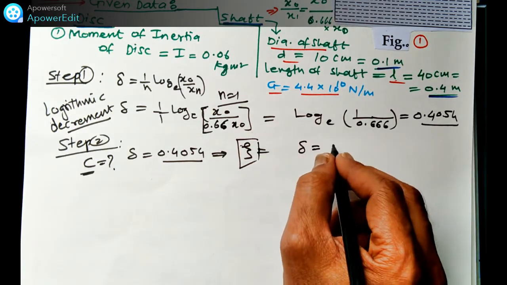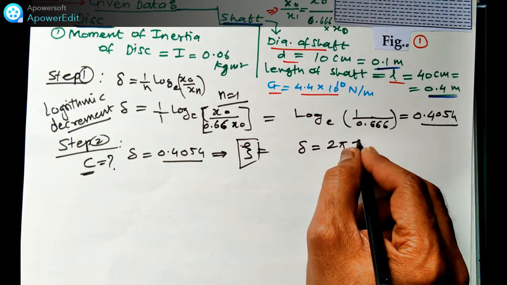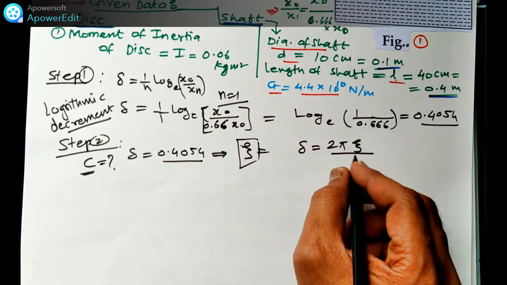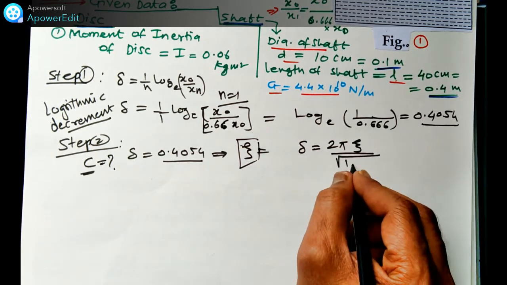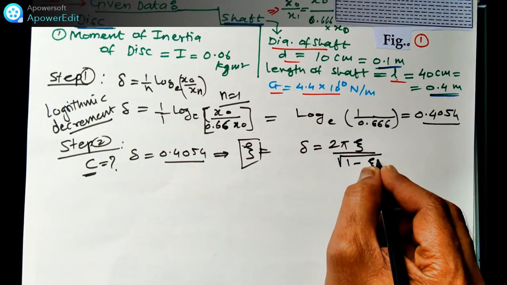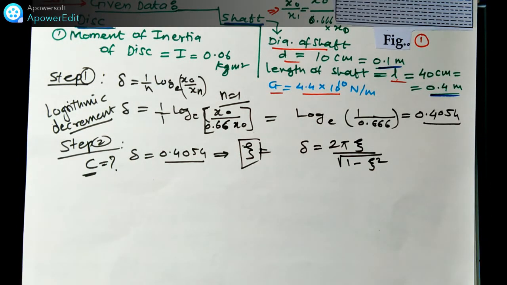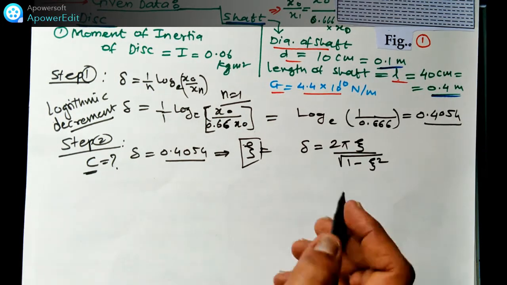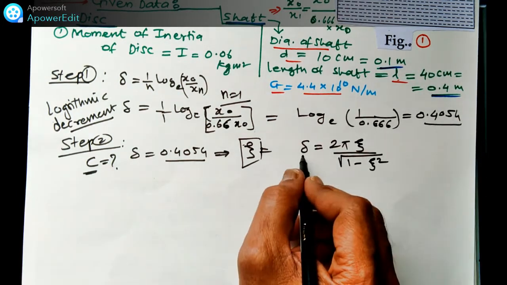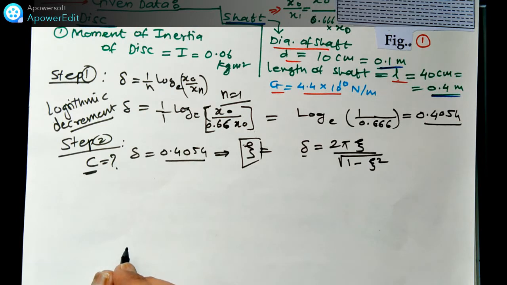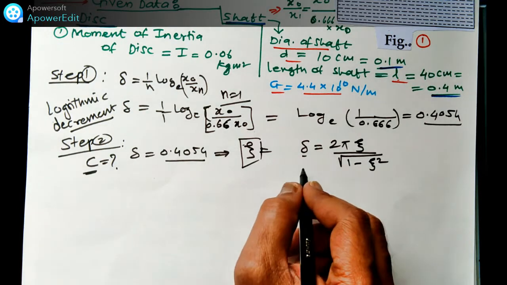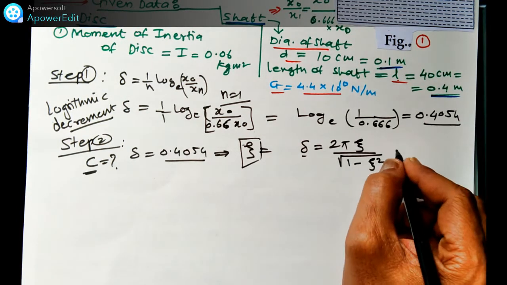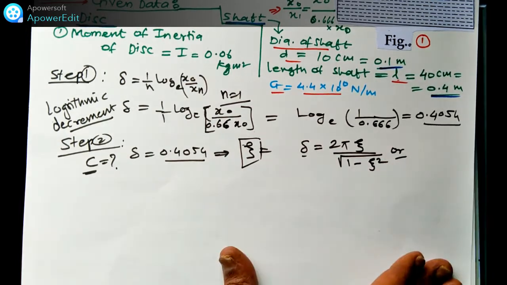The formula for del is 2 pi Zeta by under root of 1 minus Zeta square. Correct? Putting the value of del in this equation, we'll get the value of Zeta.